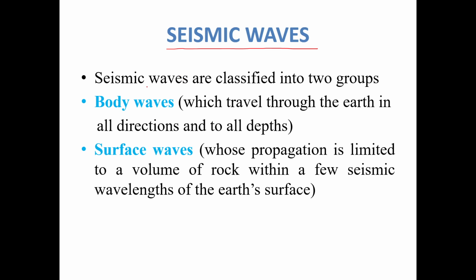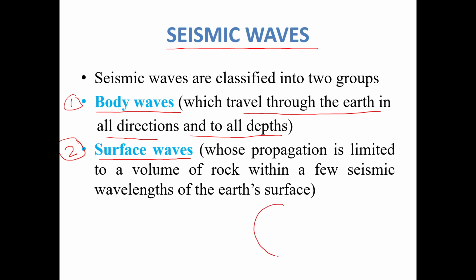So basically, seismic waves are classified as body waves and surface waves. There are two main classifications. Body waves are the waves that travel through the earth in all directions and to all depths.